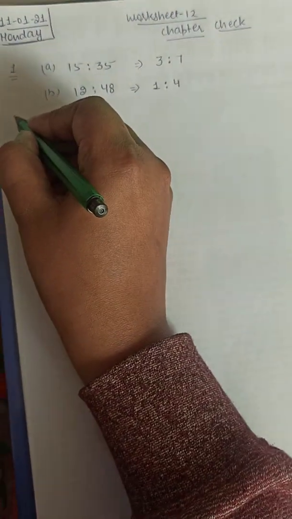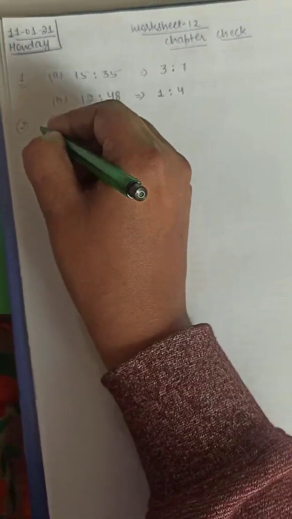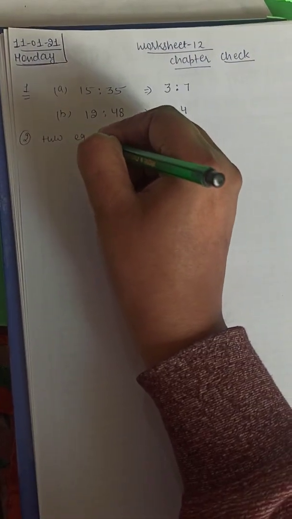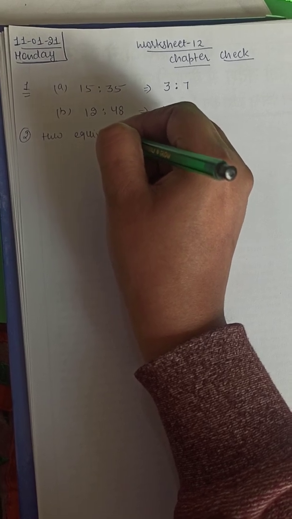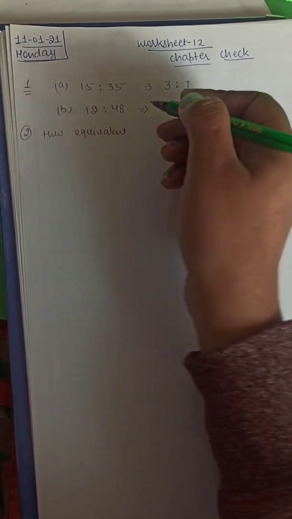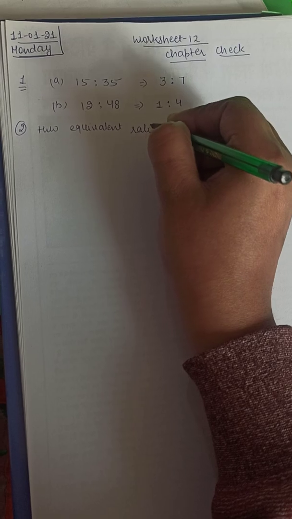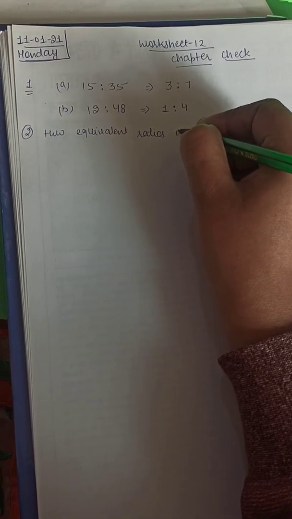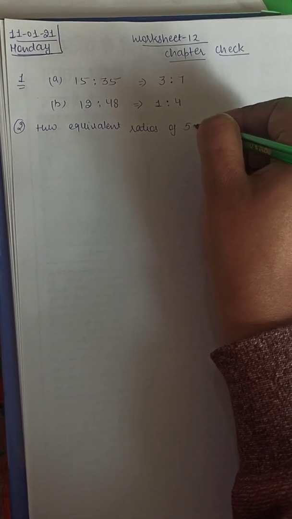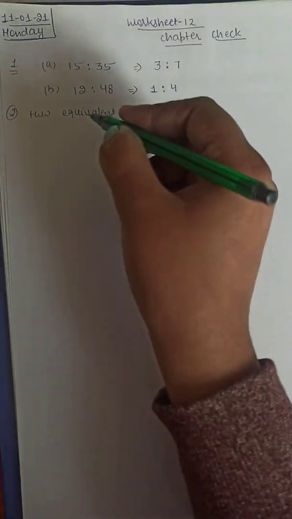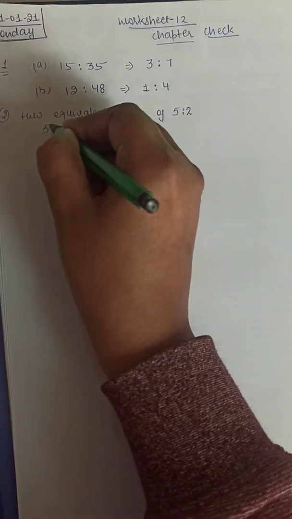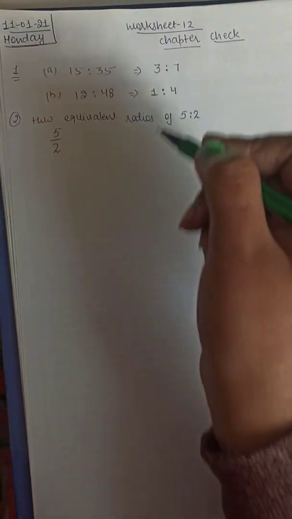Second is find two equivalent ratios of 5:2. This 5:2 we can write like this, 5/2.